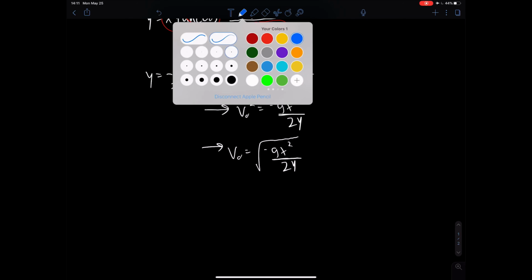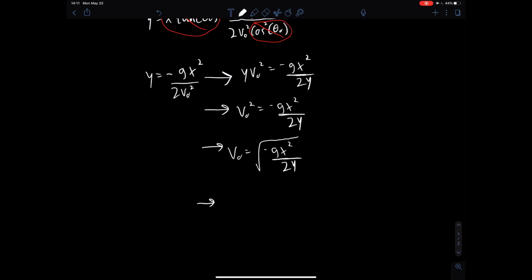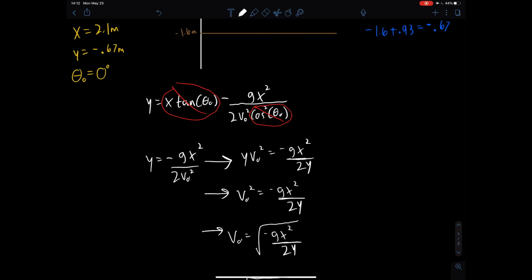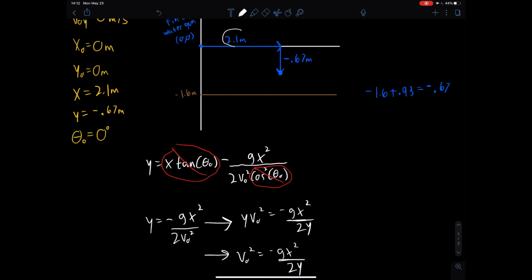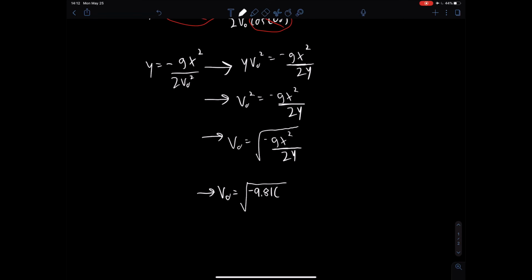Now all that we have left to do is plug in our numbers. So v naught equals the square root of g, which is 9.81, the acceleration due to gravity, times x squared. We ended 2.1 meters horizontally from where we started, so this is just 2.1 squared, divided by 2 times y.